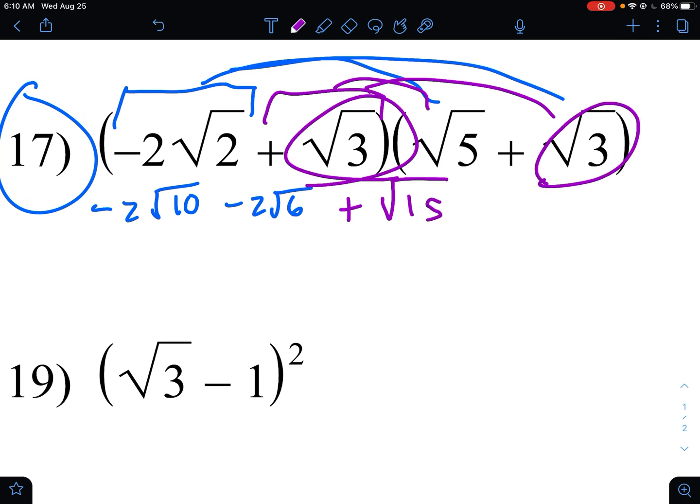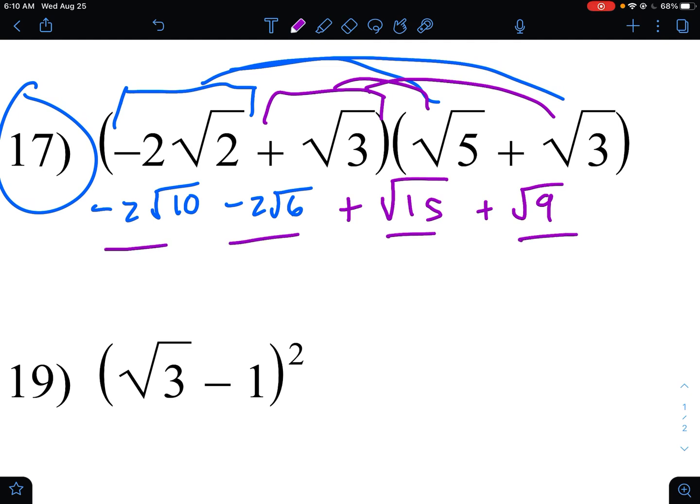And then root 3 times root 3 is going to give you square root of 9. So now we have our 4 different terms here. And they are terms, so this negative 2 root 6 is subtract 2 root 6.